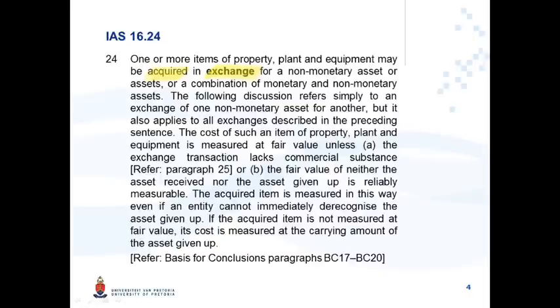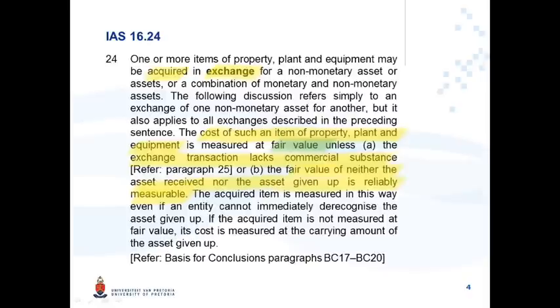The paragraph says, the cost of such an item of property, plant and equipment is measured at fair value. That's the first rule. Unless, some exceptions: the exchange transaction lacks commercial substance or the fair value of neither the asset received nor the asset given up is reliably measurable.